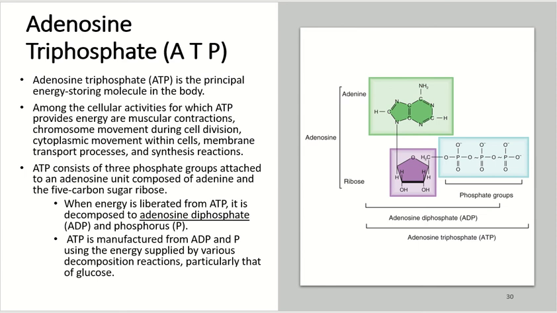This is going to use energy supplied by various decomposition reactions, particularly that of glucose. So glucose is going to be a major production factor for ATP. All of that is very important for basic energy production in the cell, in the body.